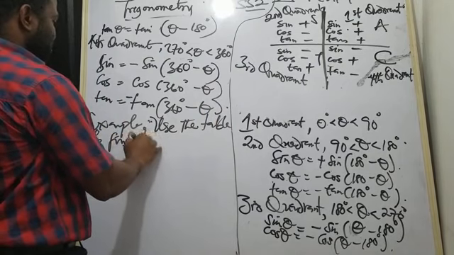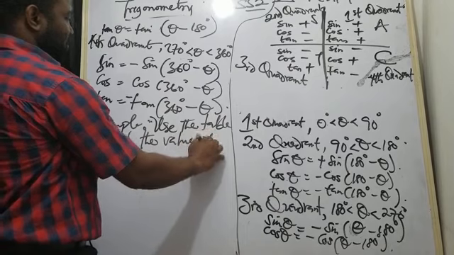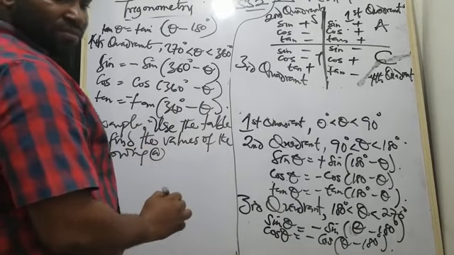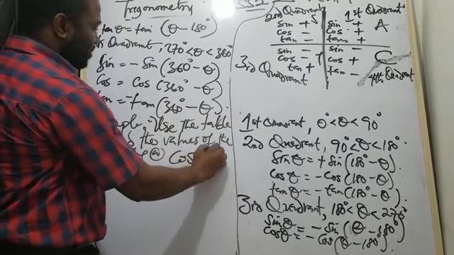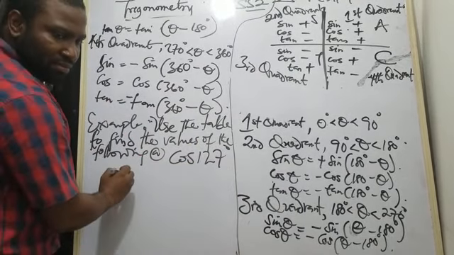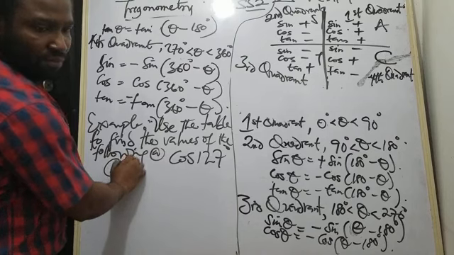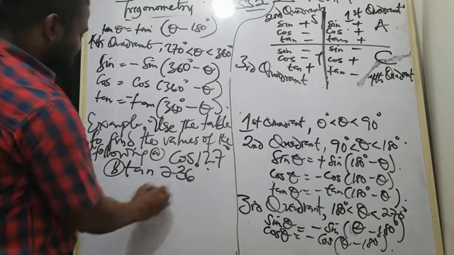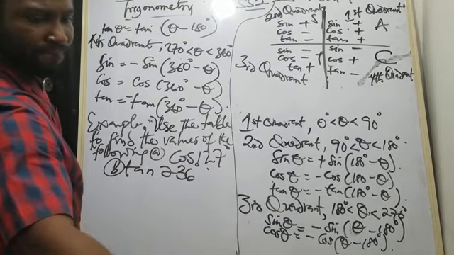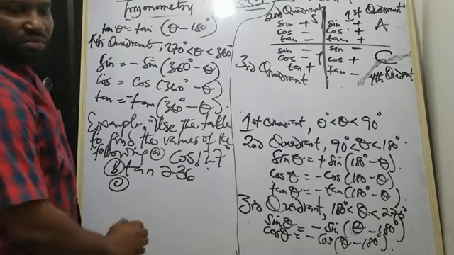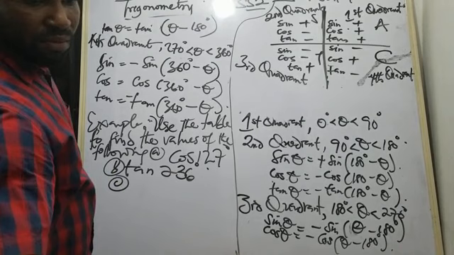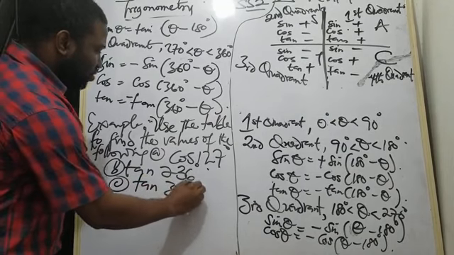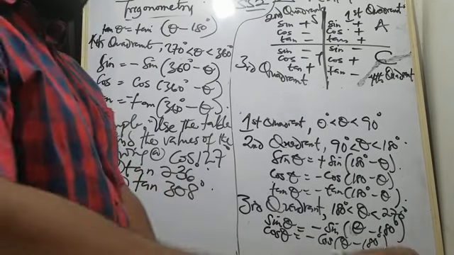The first one is cos 127 degrees, and then the second one tan 236 degrees, third one tan 308 degrees. Okay, now let's get this quickly, very quickly.